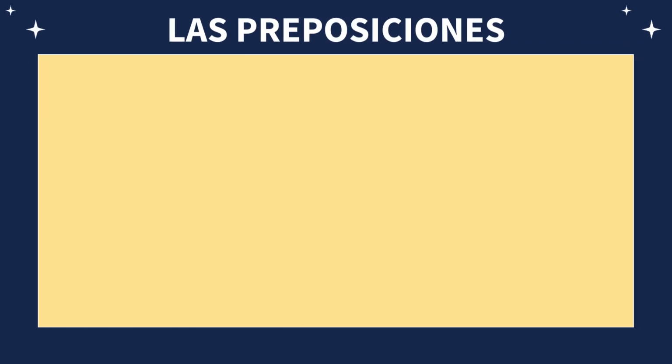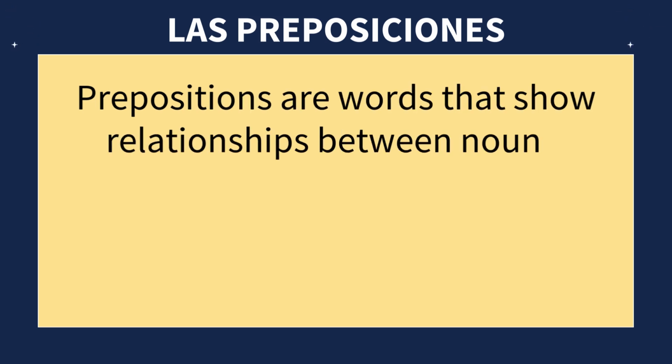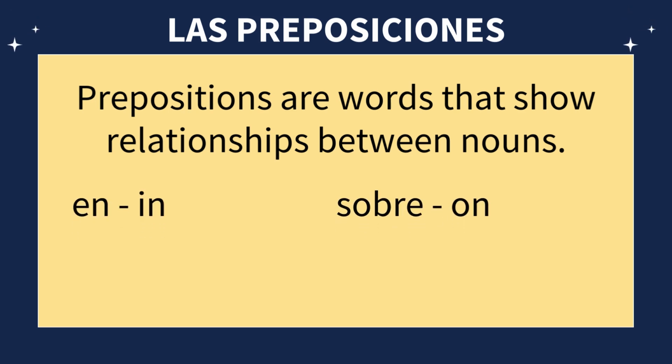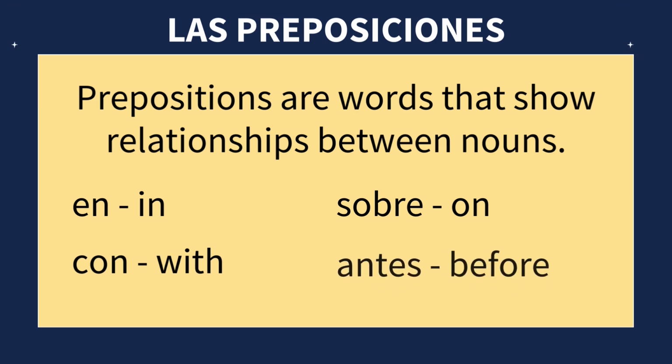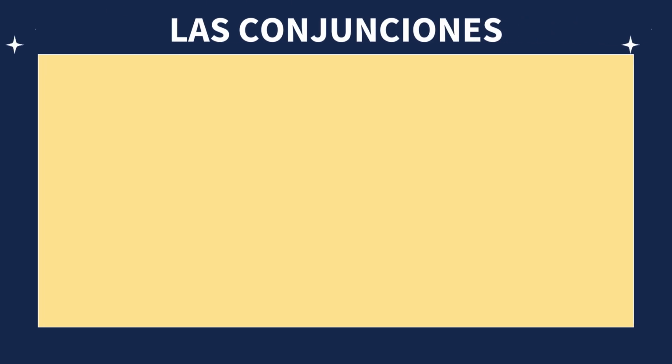The next category is about prepositions, las preposiciones. These are words that show relationships between nouns. For example, en, which means in, sobre, on, con, with, antes, before. Some prepositions are used differently in Spanish and in English, and certain prepositional phrases do not translate directly. And then we have conjunctions, las conjunciones.